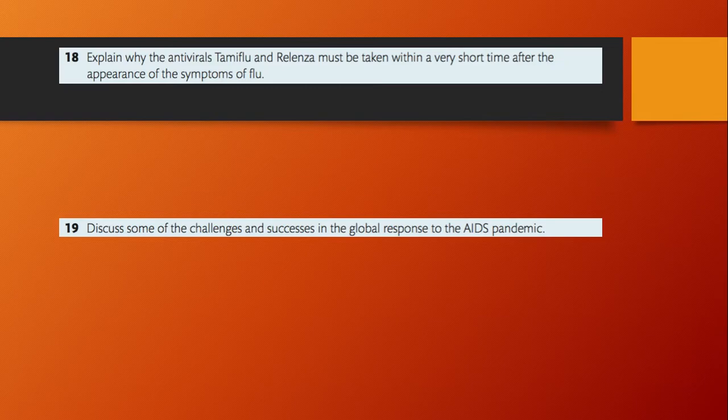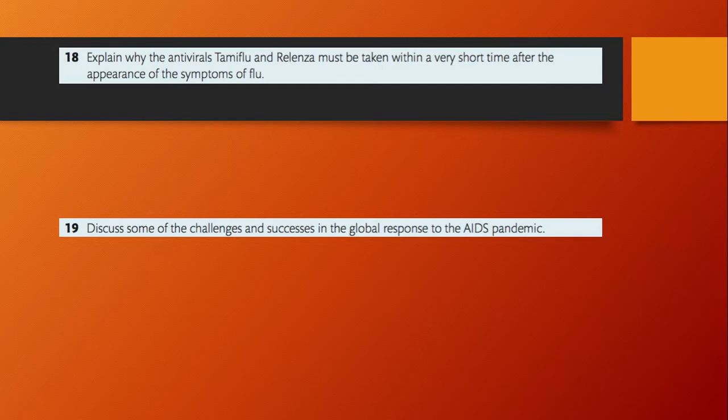Number 18, explain why the antivirals Tamiflu and Relenza must be taken within a very short time after the appearance of the symptoms of flu. Okay, so if you think about all viruses and specifically the flu virus, what has to happen is they must attack a host cell so that they can replicate and be released so they can infect other cells.